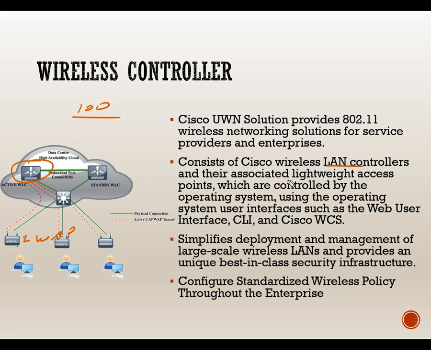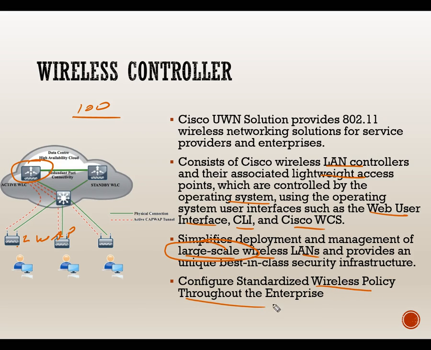So the LAN controllers and associated lightweight access points are controlled by the operating system using the user interface, such as a web user interface, command line, or the Cisco WCS, and this is a wireless control server. It simplifies the deployment and management of large-scale wireless LANs, and large scale is the key here. When we have so many of them that we can't configure them individually.